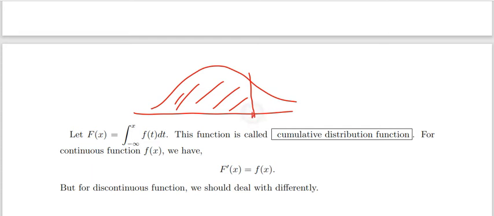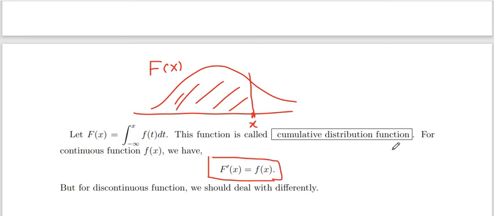Let x change, so this probability is F(x). We call this the cumulative distribution function. If this function is continuous, then we know the derivative of capital F(x) equals the density function.